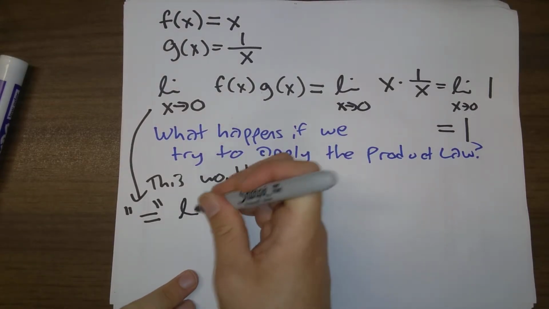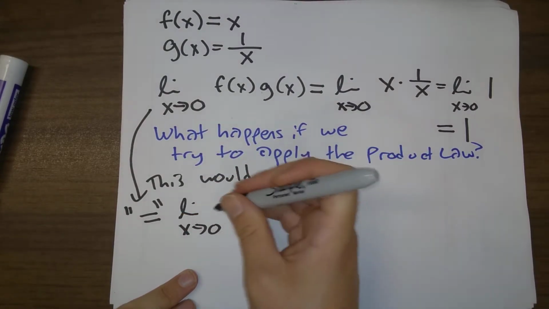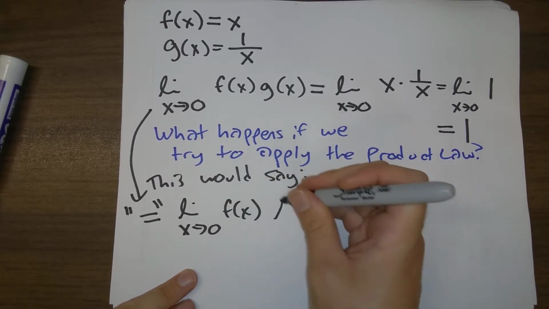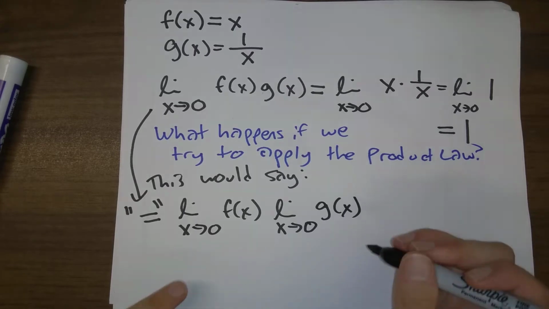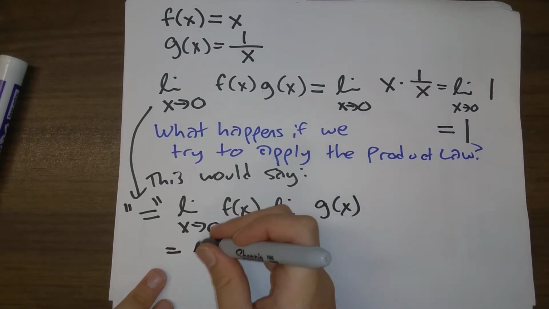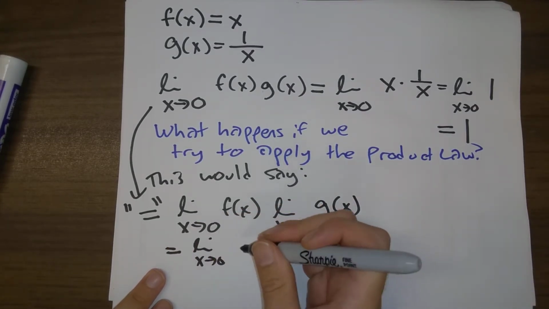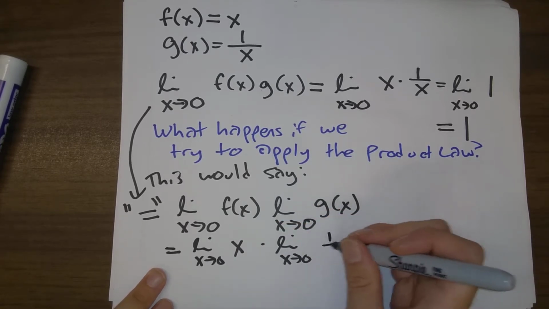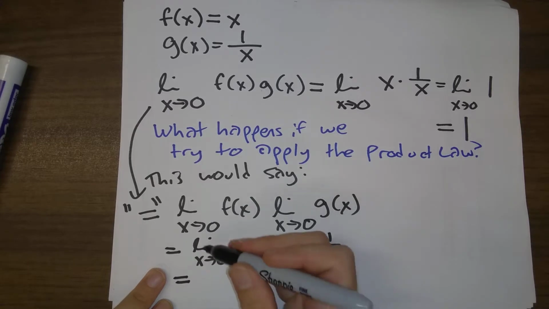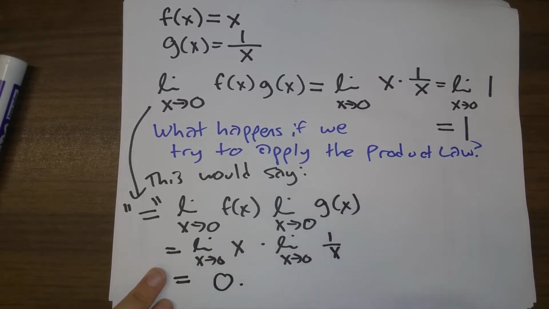So this would equal the limit as x goes to 0 of f of x times the limit as x goes to 0 of g of x. So this would be the limit as x goes to 0 of x times the limit as x goes to 0 of 1 over x. The limit as x goes to 0 of x is just going to be 0.